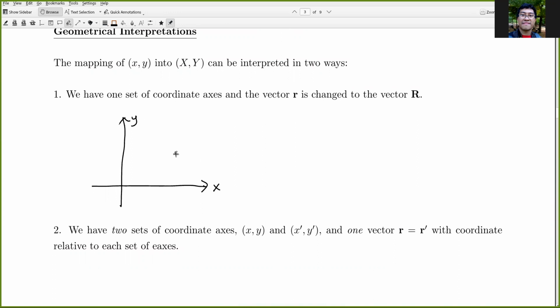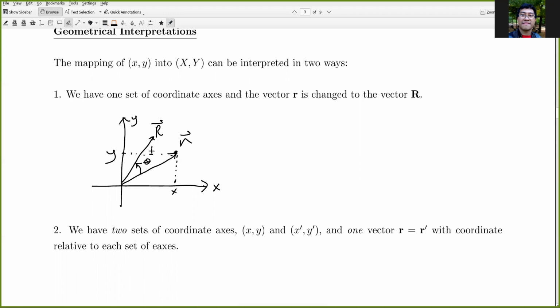This is the point or the vector R over here, with coordinates x and y. Now suppose we move that to a new vector R'. We can do that by, say, rotating it by an angle theta.